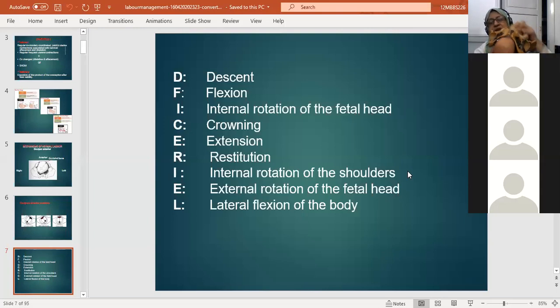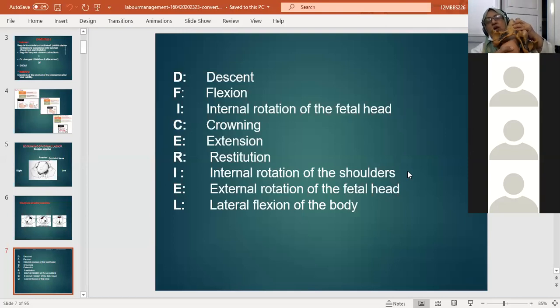There is a slight 1/8 rotation of the fetal head, which is known as restitution. Look, this is the extension, and then just 1/8 rotation.